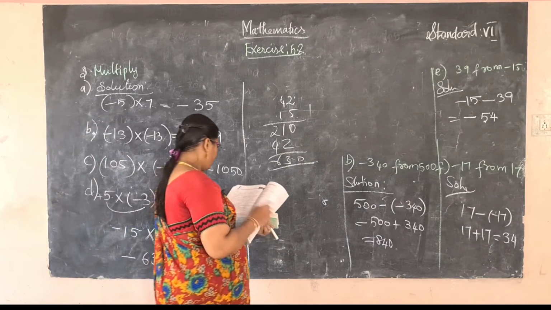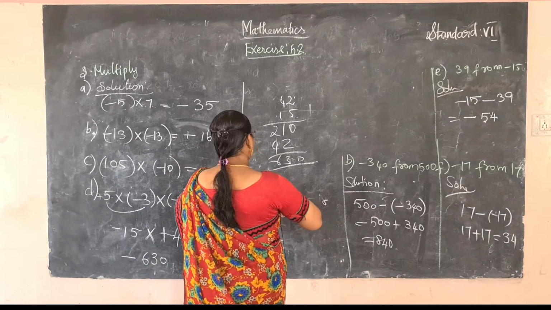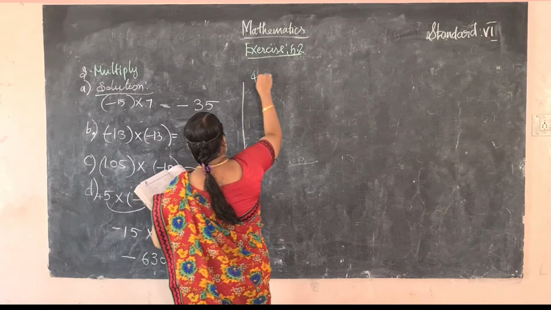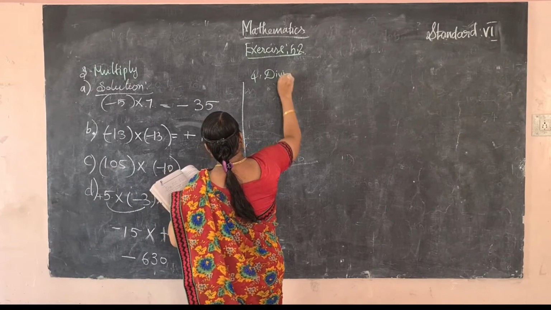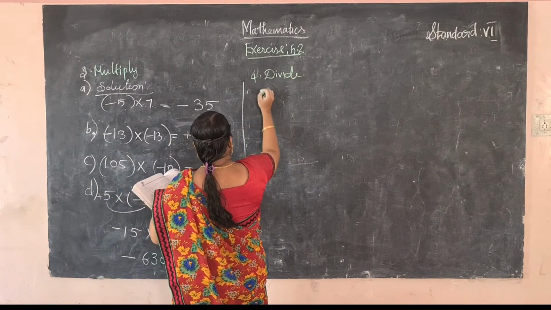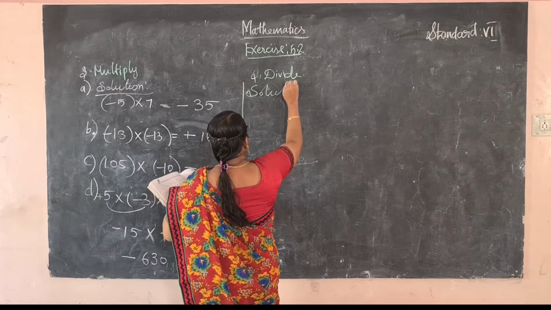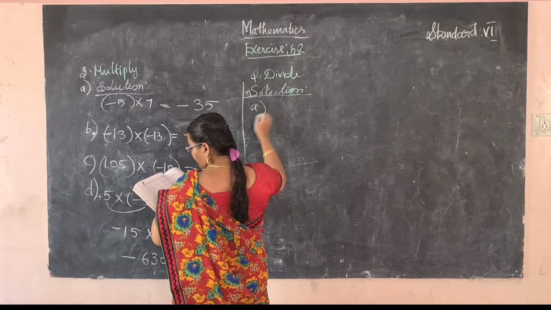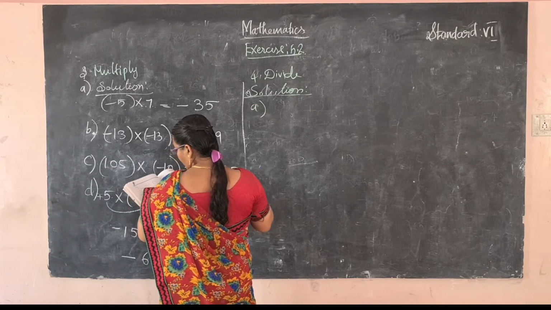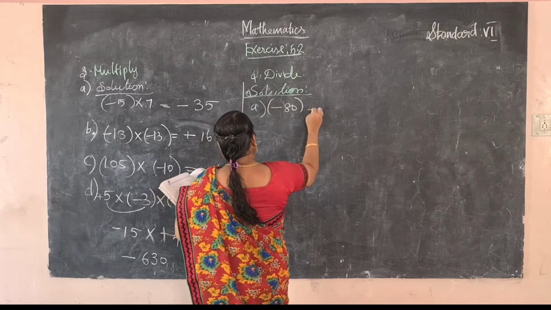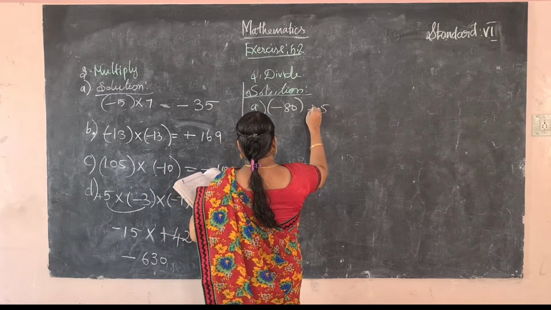Okay, remaining problems are homework. Now move to the fourth one. Division. Fourth one is divide. The first one, solution. A problem: minus 80 divided by 5.